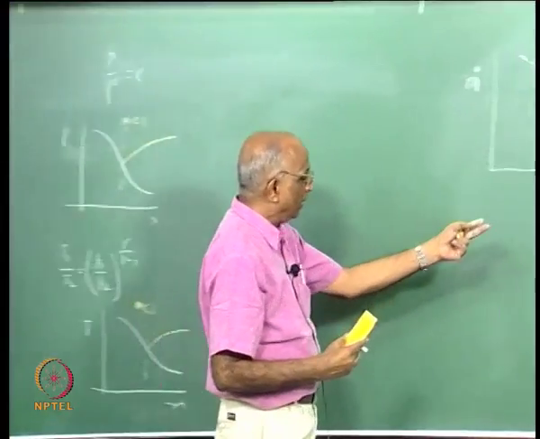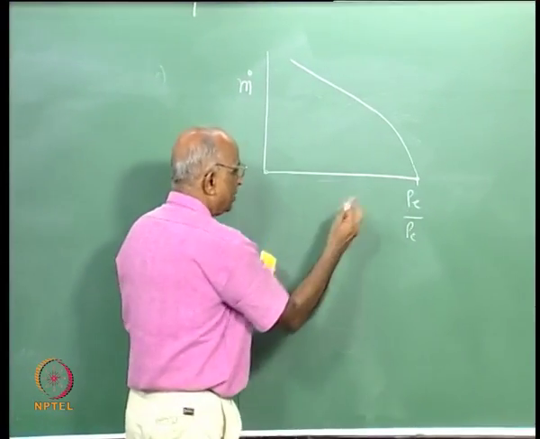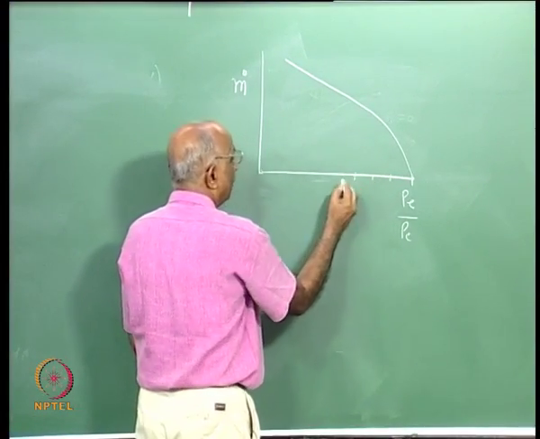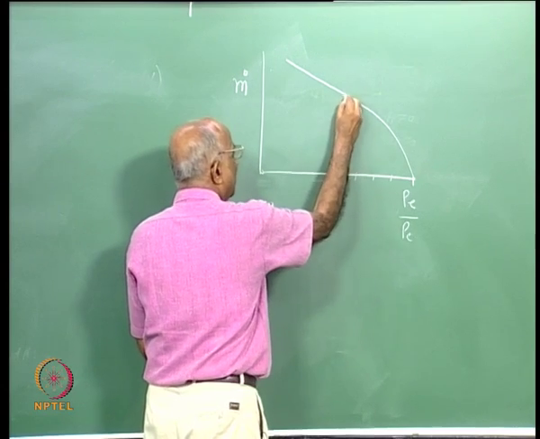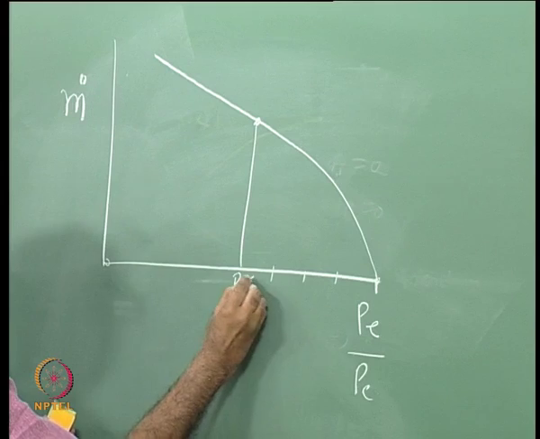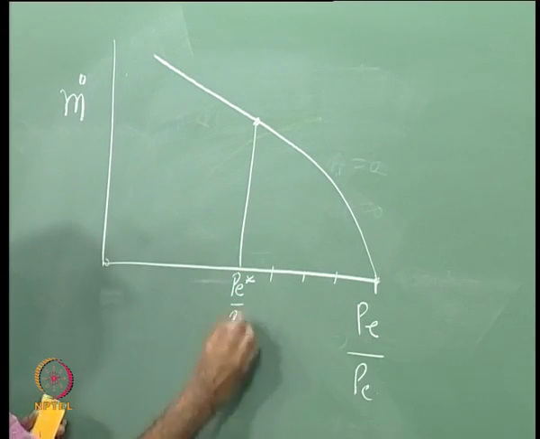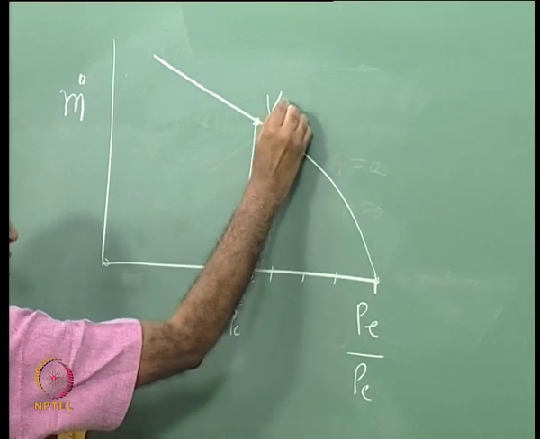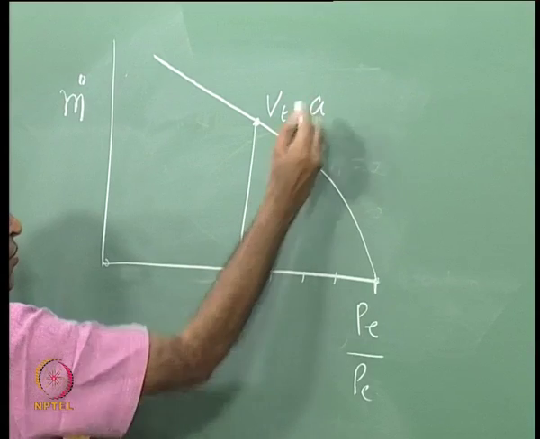I keep on decreasing the value of PE, that means I keep moving here, here, here, till a stage comes at a given value of PE, let us call it PE star, divided by PC, where the velocity at the throat is equal to the sound speed A.